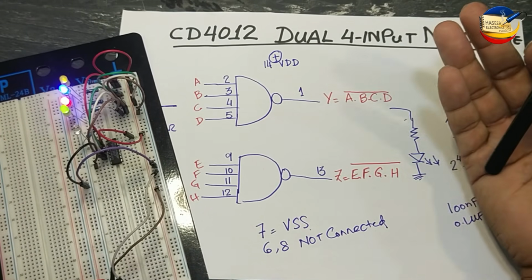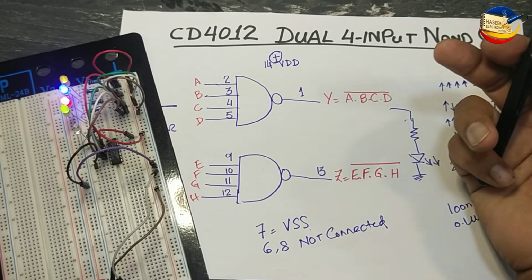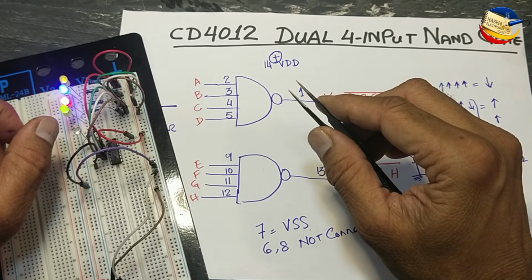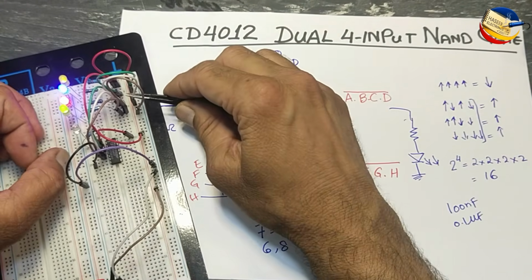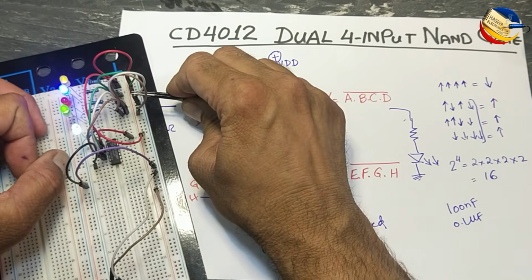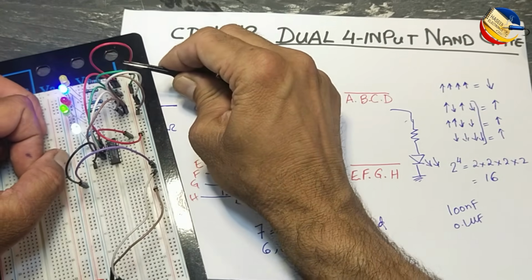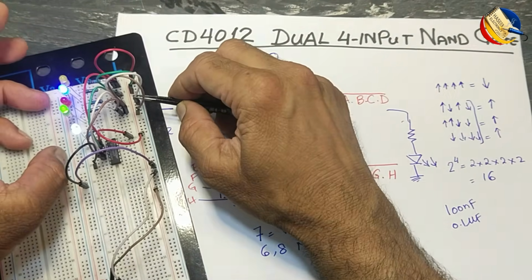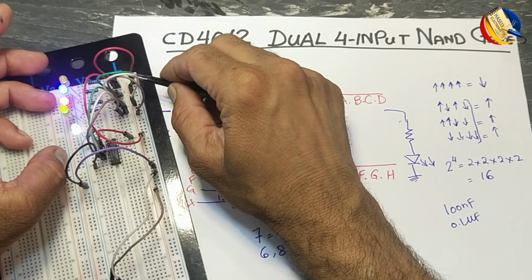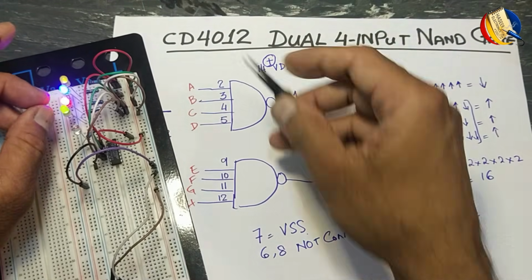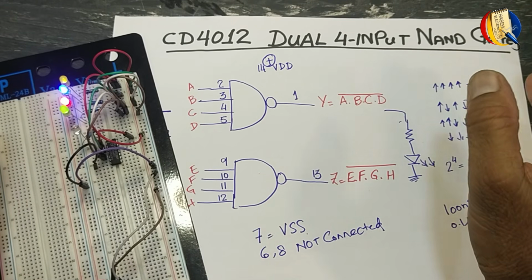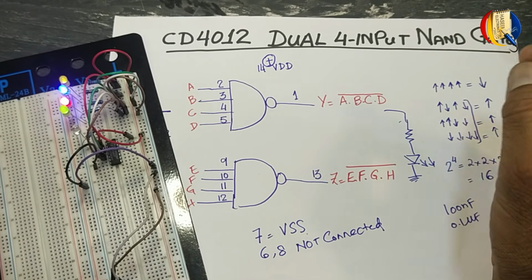It can be used as a reset or different operations. It will verify when all inputs are high, then it will provide low signal. Any one becomes low, any one input is low, the output is high. It is condition that all inputs are high, it will provide low output. This is function of 4 input NAND gate.